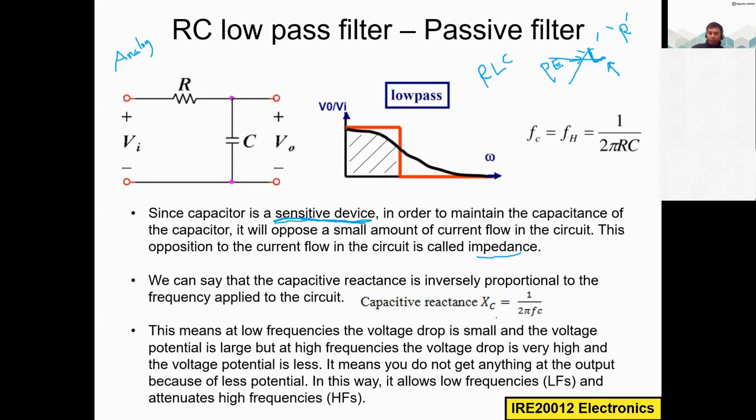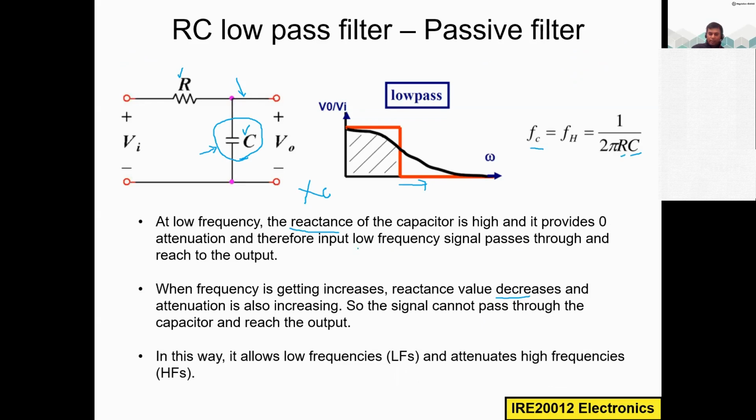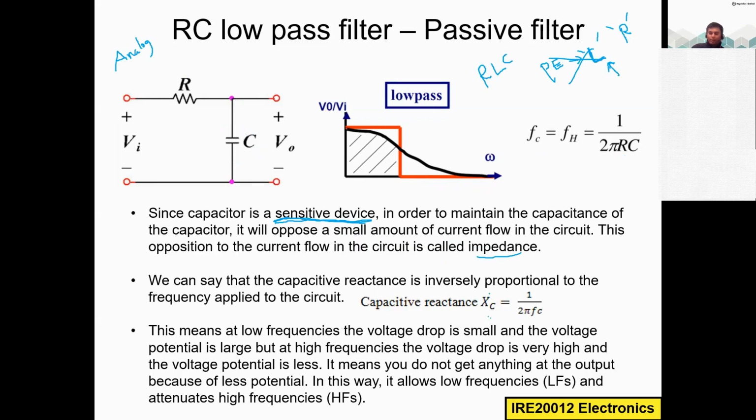If you remember this formula, Xc equals 1 divided by 2 pi Fc, then you will understand what I mean. Here you can see the reactance of the capacitor is high. Whenever you increase the frequency, this reactance value will decrease because it is inversely proportional, opposite.